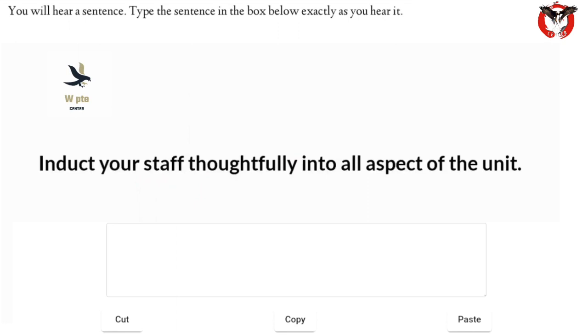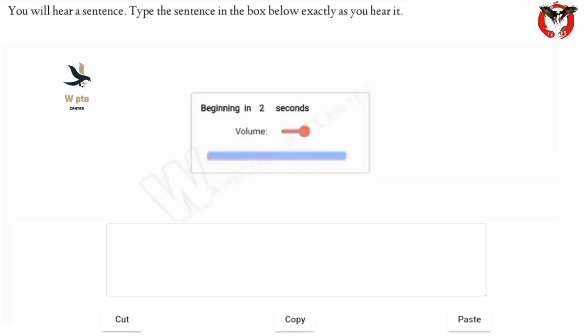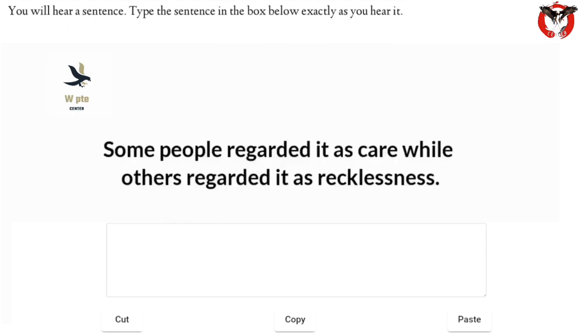Induct your staff thoughtfully into all aspect of the unit. Some people regarded it as care while others regarded it as recklessness. Some people regarded it as care while others regarded it as recklessness.